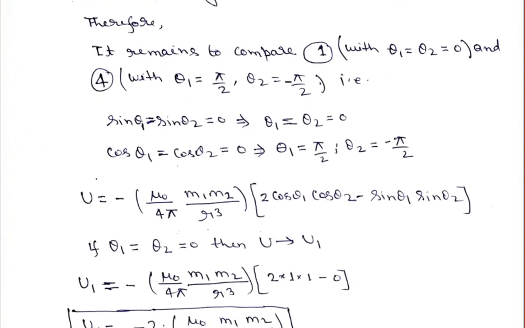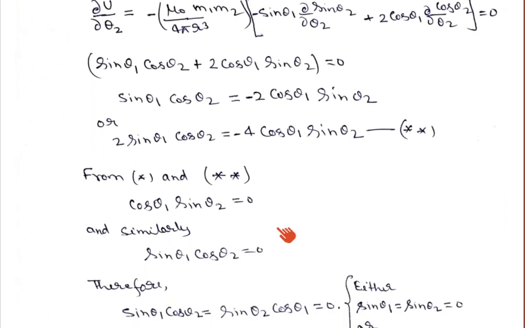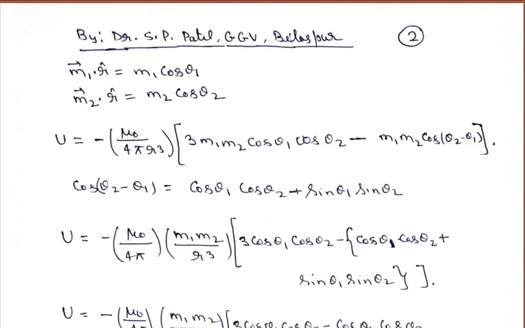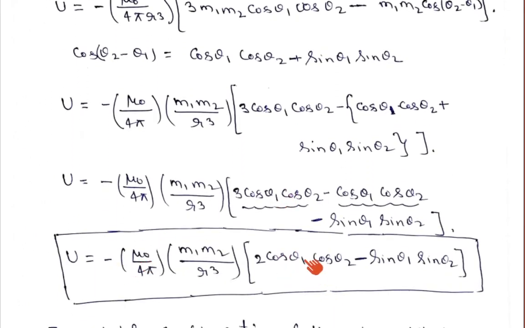If we calculate the energy for these two possibilities, the interaction energy U is given by the formula we calculated earlier. Now that we know theta 1 and theta 2, we can calculate the energy of the interaction.